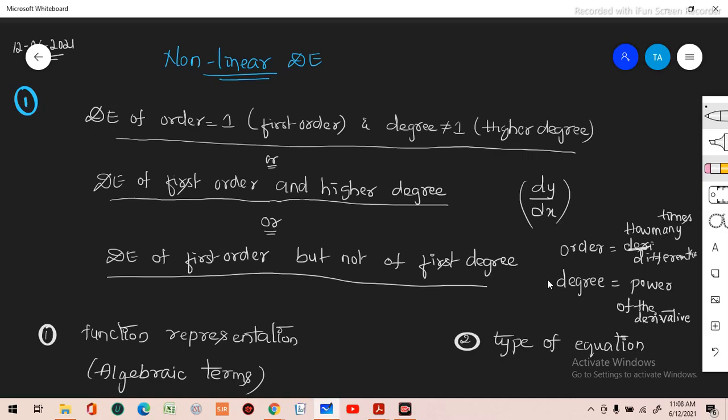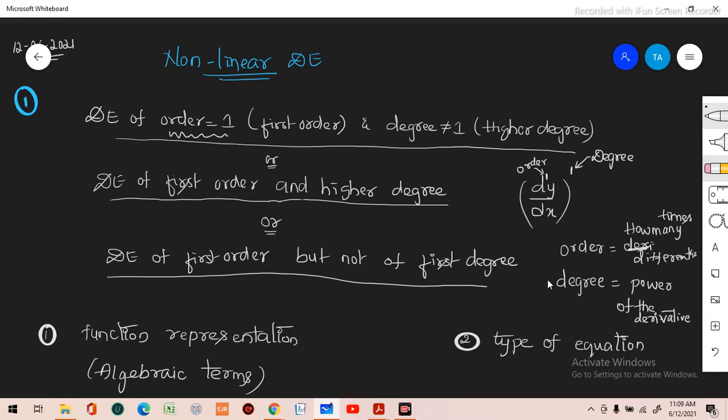Yes, sir. So dy by dx, till now the power was 1; this is the first derivative, and this is our degree, which was also 1. This is our order. Both were 1. Now we will be dealing with differential equations of order 1.